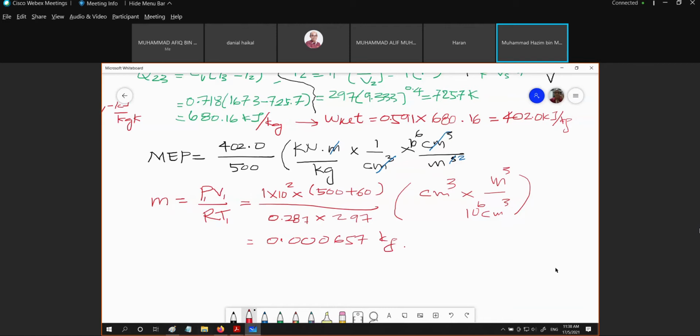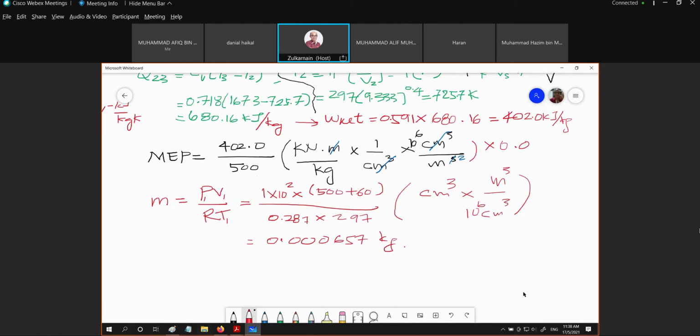Wow. And then this value, we need to divide, or multiply everything in kilogram.